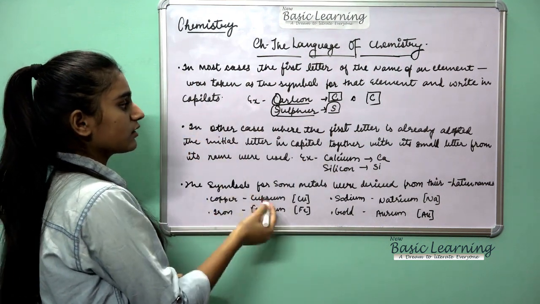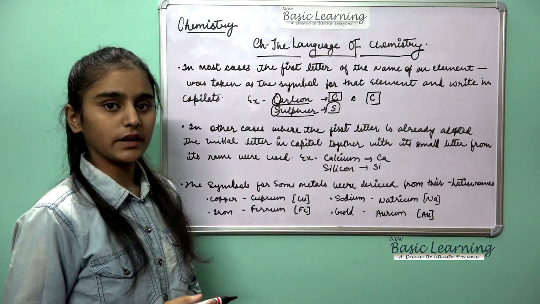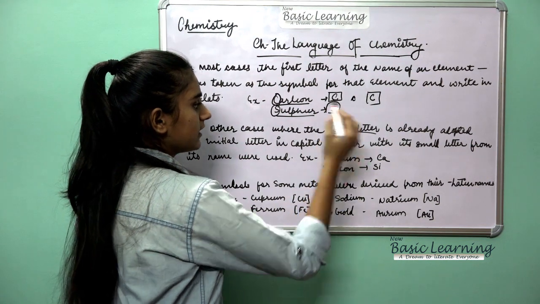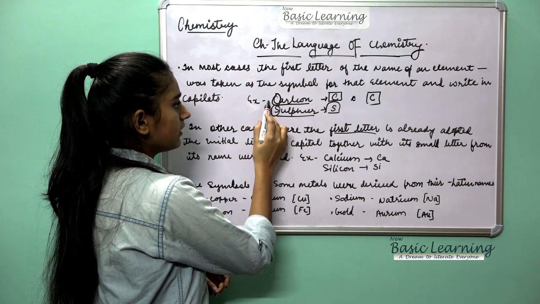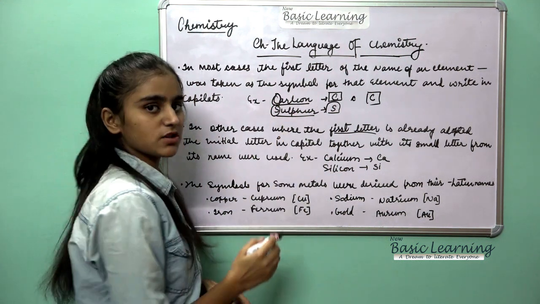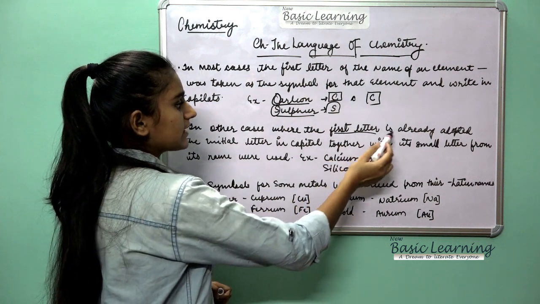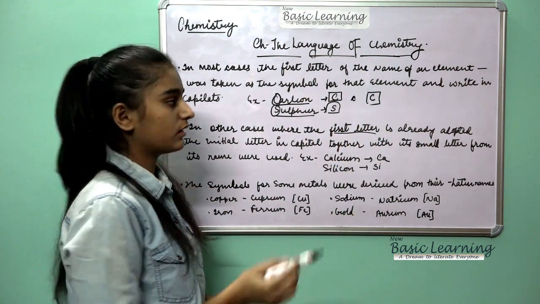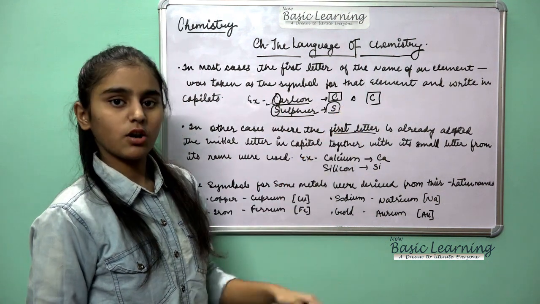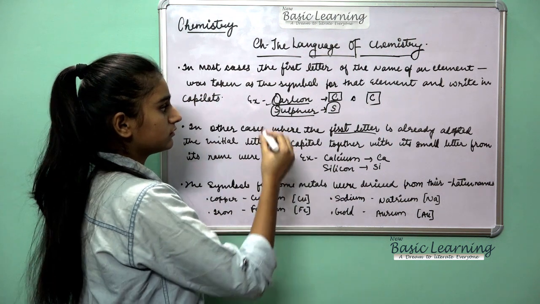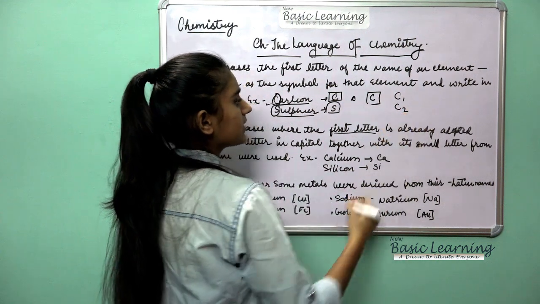Next, in other cases where the first letter is already adopted, it means that carbon and calcium both start with the letter C. So the first letter is already adopted. That means in carbon the symbol C is already there, so we cannot write that for carbon it is C1 and for calcium it is C2.